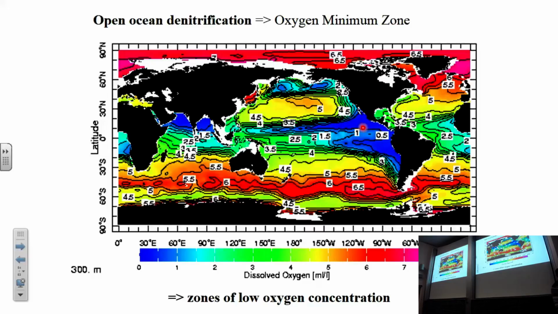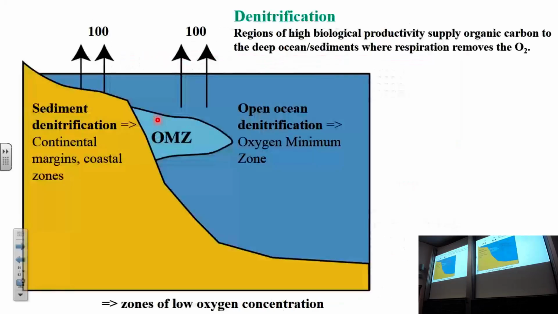So in these zones where we've lost lots of oxygen, we can have this process of denitrification. There's still some organic matter left, but no oxygen left to respire it, so bacteria use nitrates to respire it, producing nitrous oxide and nitrogen gas.